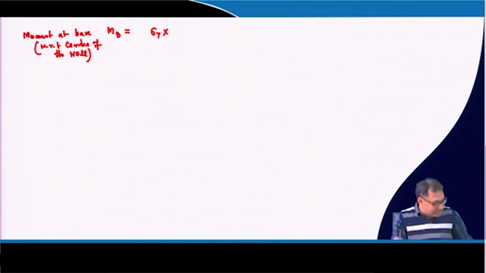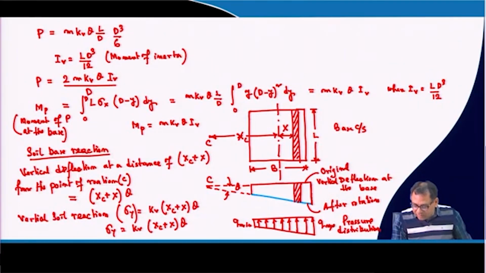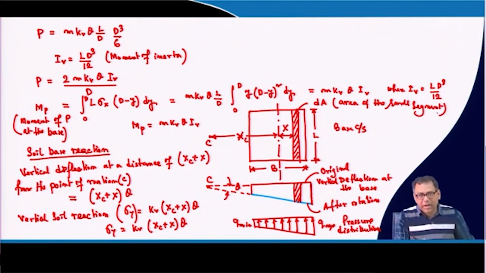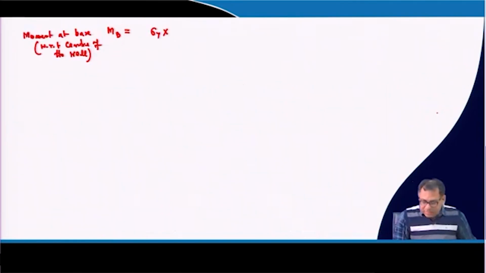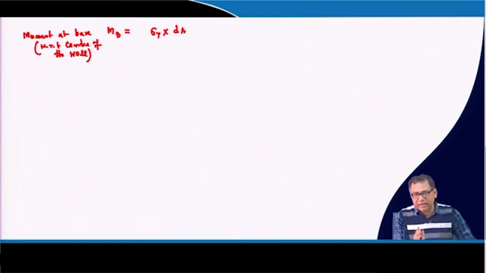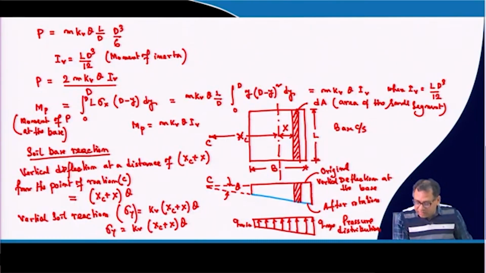If the stress is acting on this small segment and the area of this small segment is dA, then the total force will be sigma y into dA, and then the lever arm is x, because that is from the center of the well.